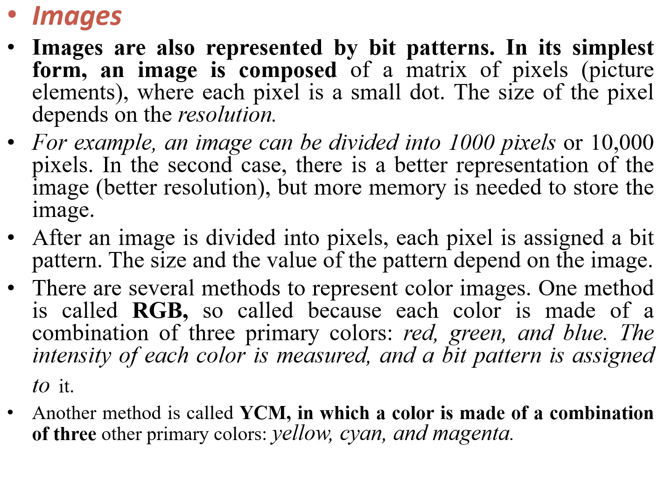Another method is called YCM, which is the color combination made up of the three primary colors yellow, cyan and magenta. So data can be represented in the form of an image, and each image could be of any type of representation like RGB or YCM.